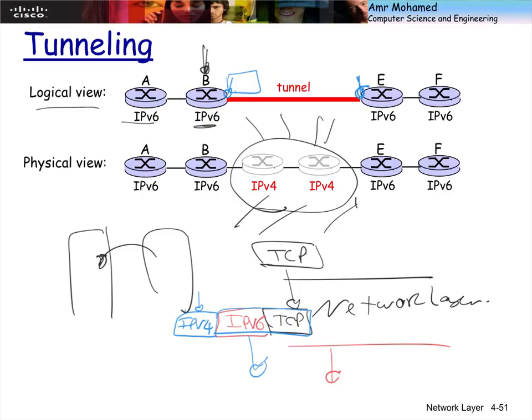We need to do an extra decapsulation step. So this way, it's seamless. For us, it's a very clean approach. It provides the communication with very minimal overhead. Just one encapsulation and one decapsulation, and we'll be able to do it. So that's explained here.